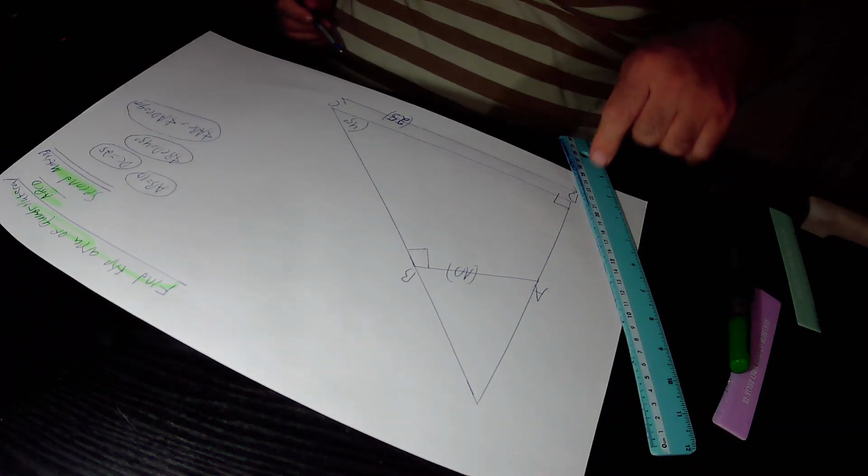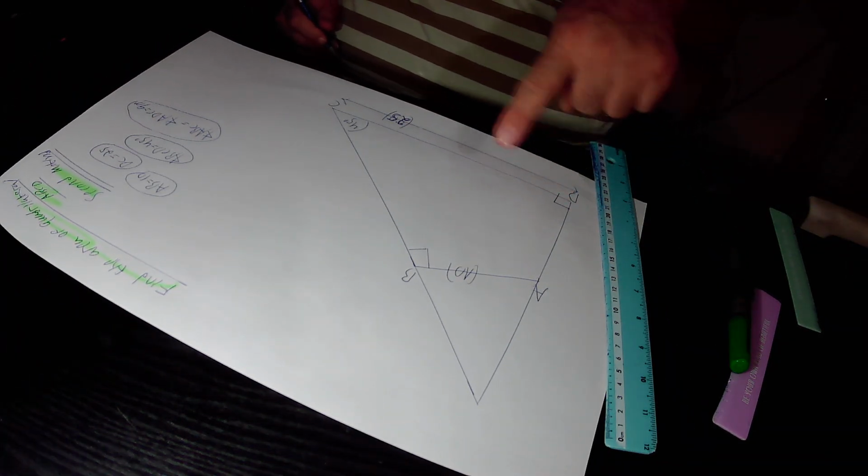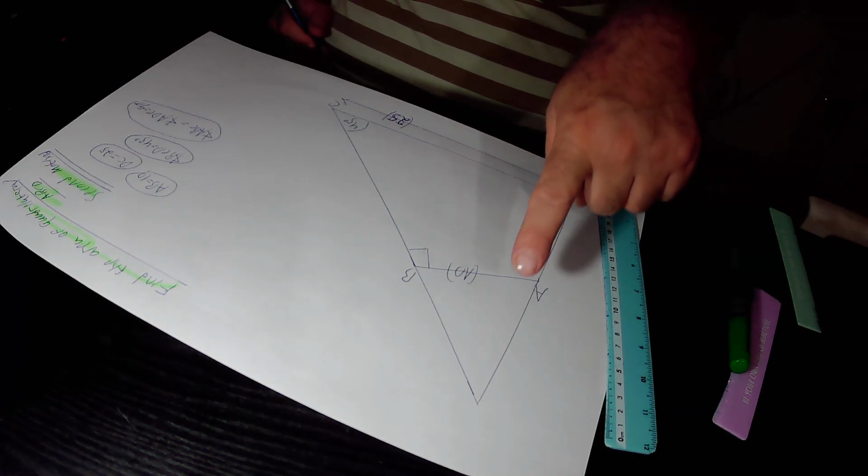We define the touching point of the extended side DA with the extended side CB as point M.